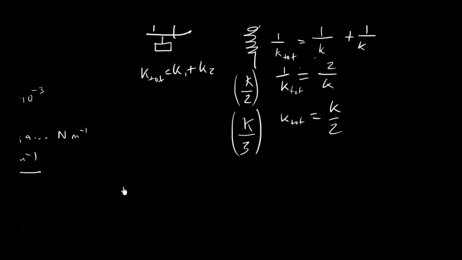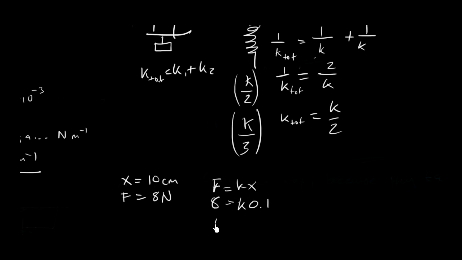So they're saying that the extension is 10 centimeters for a force of 8.0 newtons. So they're giving us 2 significant figures here everywhere. So F is equal to Kx, and x is in meters always, so that's 0.1 of a meter, times K is equal to 8.